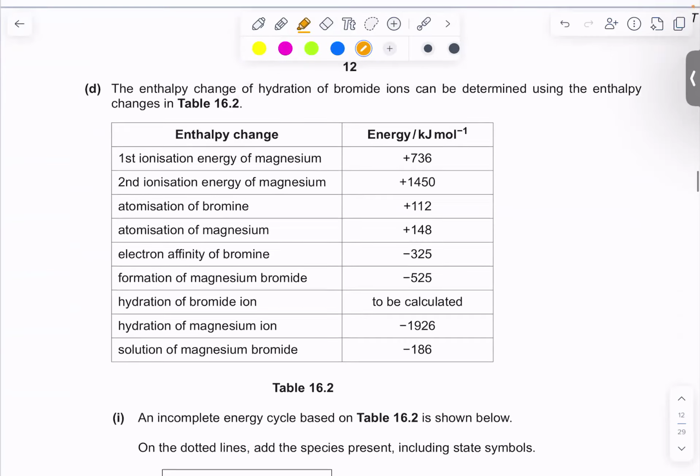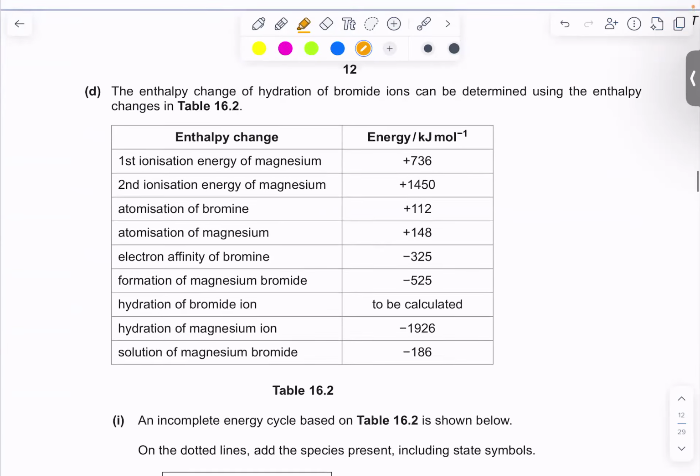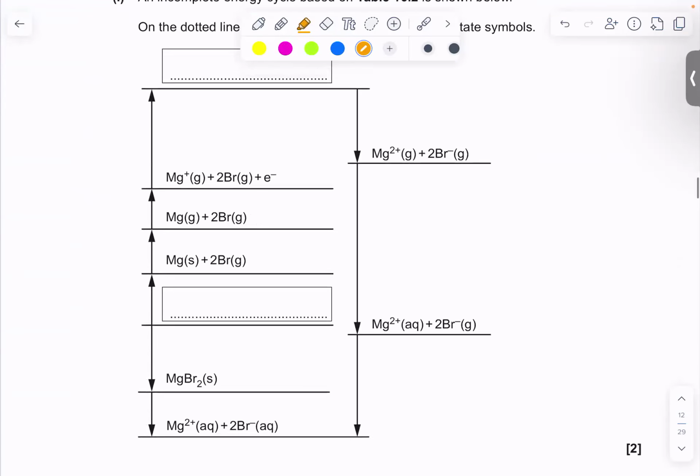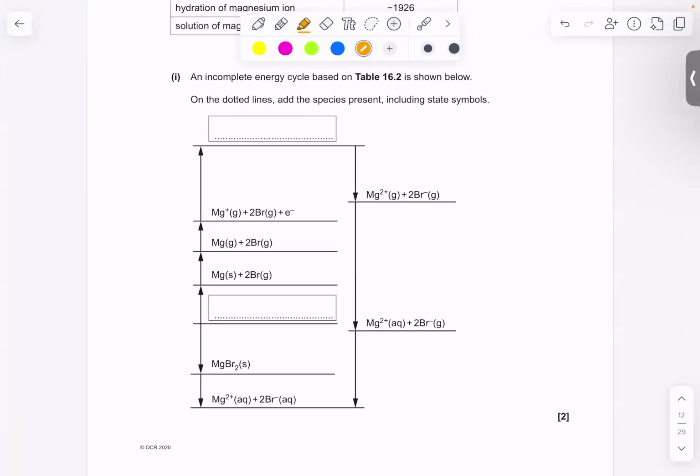Oh, wow. Born-Haber cycle. Yes, Born-Haber cycle. Now, can you fill in the missing information? An incomplete energy cycle in table 6.2 is shown below, on the dotted line, and the species present, including state symbols.